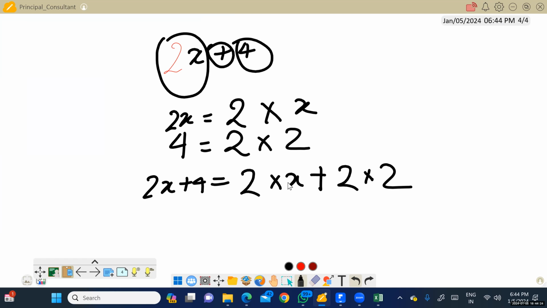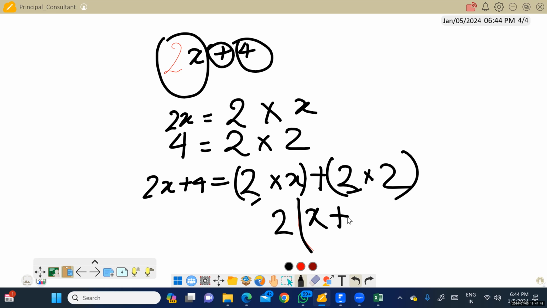Here, if I take this, I can see this one is common. So if I take this as common, I pick this from here and I pick this from here. I take this common bracket.